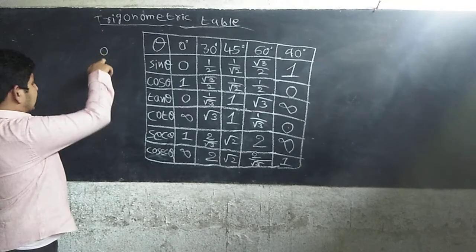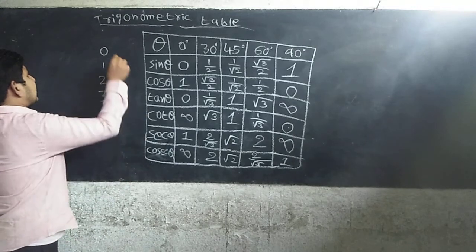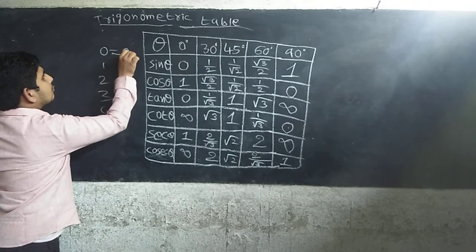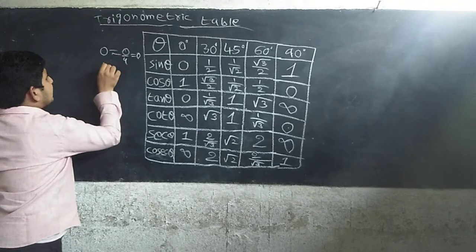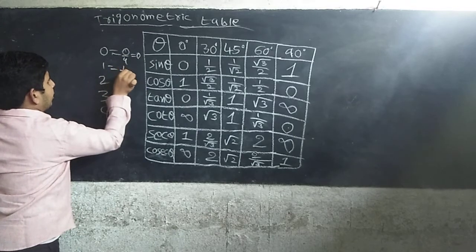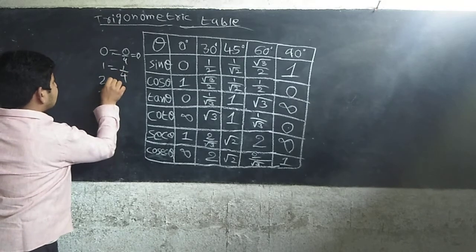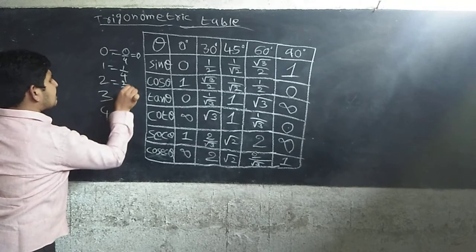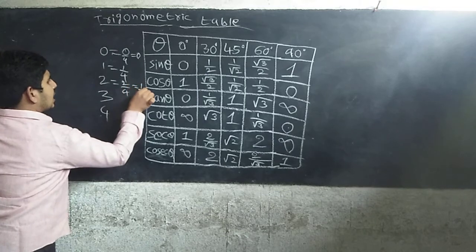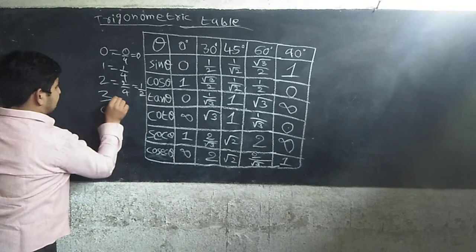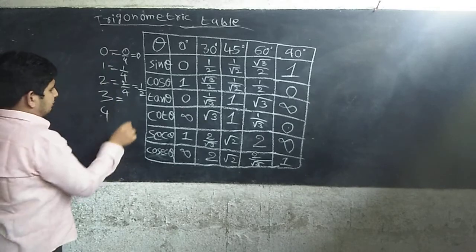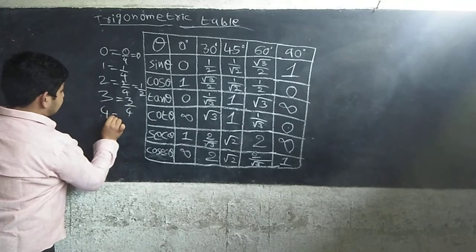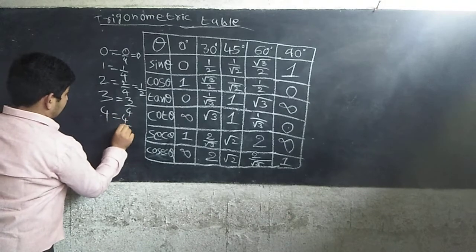Divide each and every term by 4. Then you get 0 by 4, which equals 0. 1 becomes 1 by 4. 2 becomes 2 by 4, that equals 1 by 2. 3 becomes 3 by 4. 4 becomes 4 by 4, that equals 1.